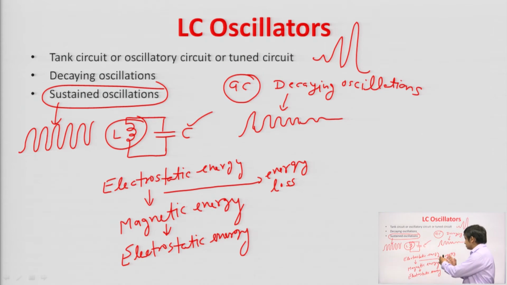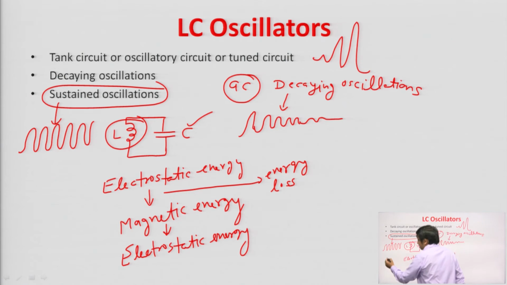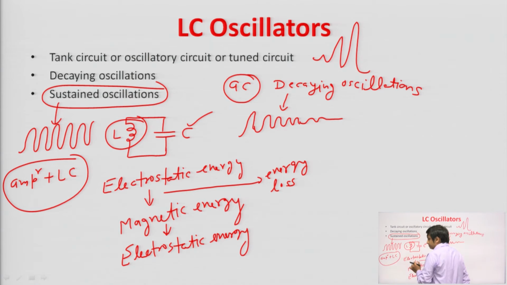Since we are getting the decaying oscillations because of this energy loss, in order to combat this issue, what do we do? We use an amplifier along with this LC circuit. Amplifier plus LC circuit together form the LC oscillator.